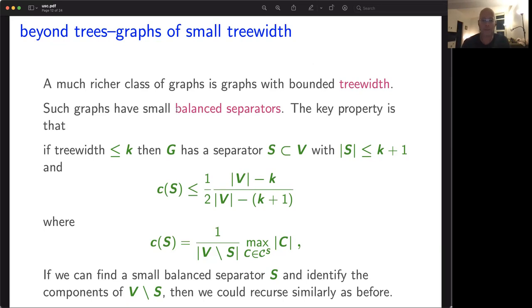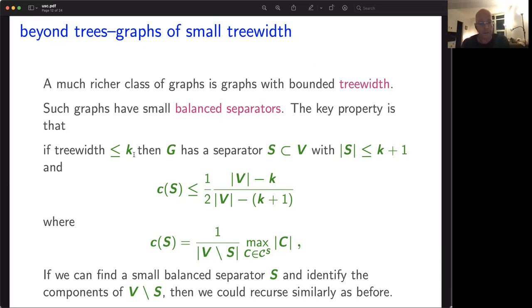What's important for us is that graphs with bounded tree width have small separators. Okay, small balanced separators. So in trees, the key to this algorithm was that we could find a central vertex. There's always a vertex whose removal decomposes the graph into small pieces. Okay, so a balanced separator is now a subset of vertices that has the property that if we remove it, then all the connected components will be small.